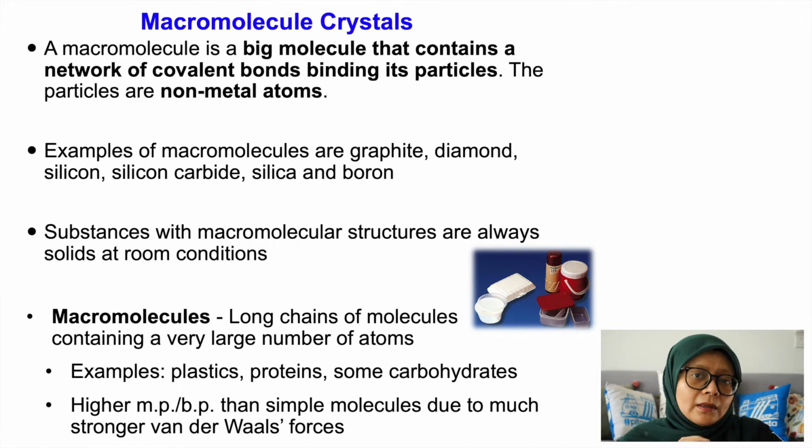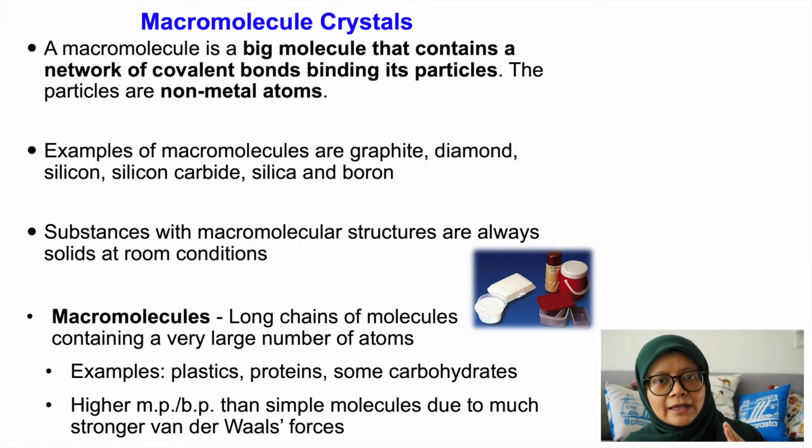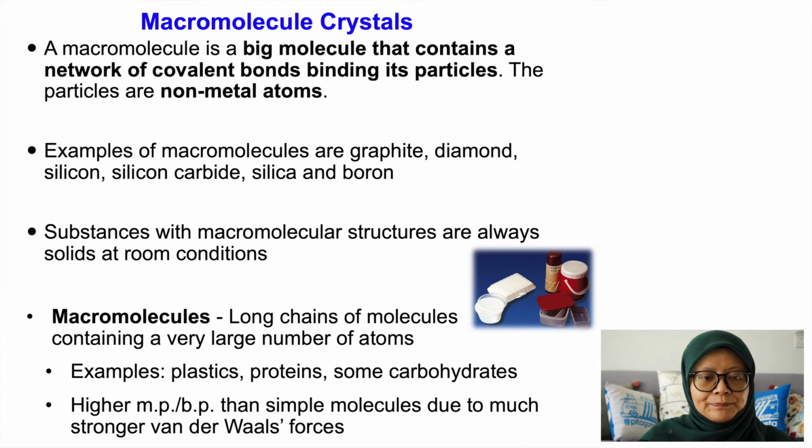They have a higher melting point or boiling point compared to simple molecules due to much stronger van der Waals forces. They also have a large molecular weight compared with simple molecules.